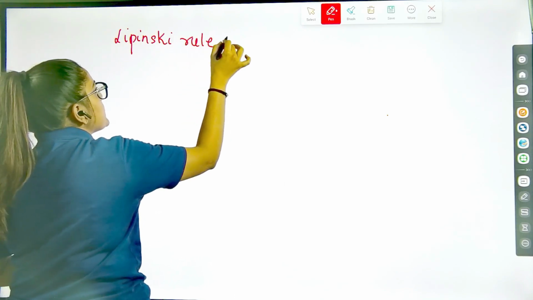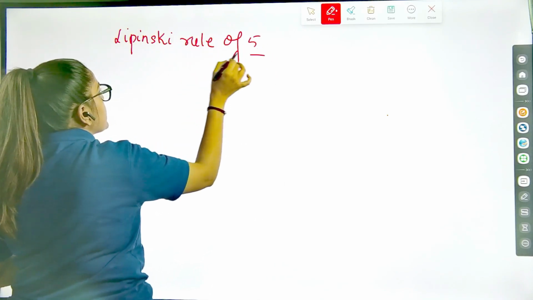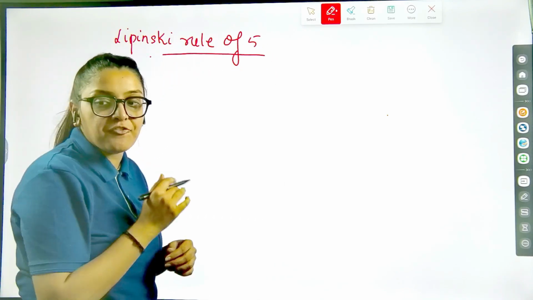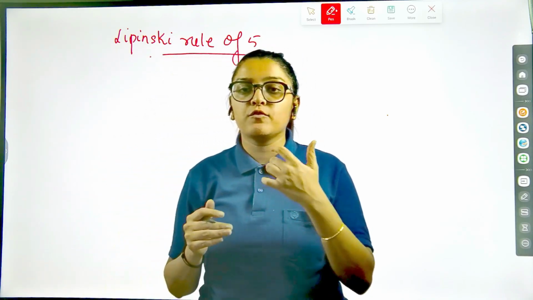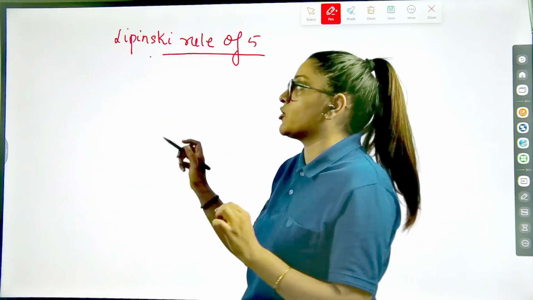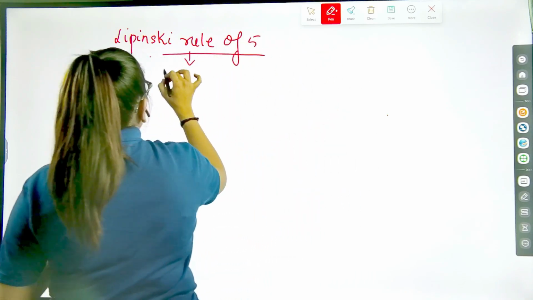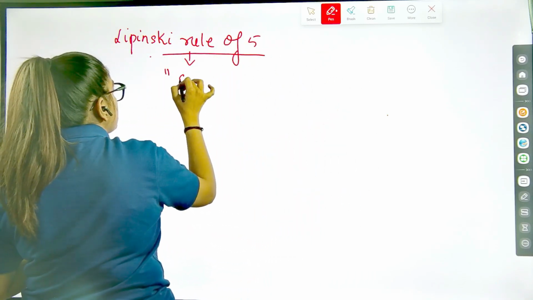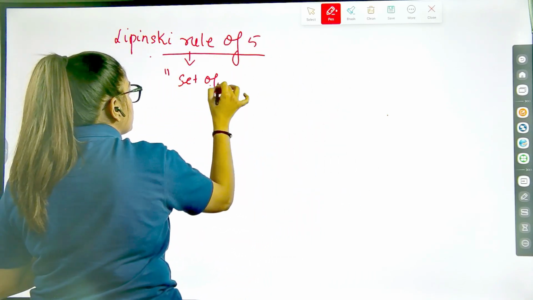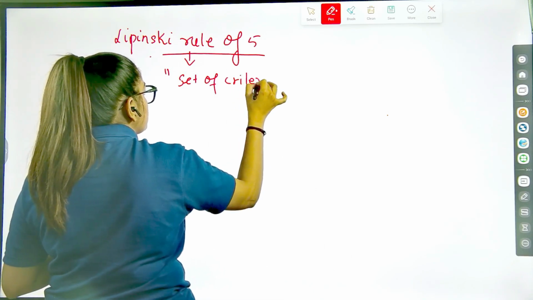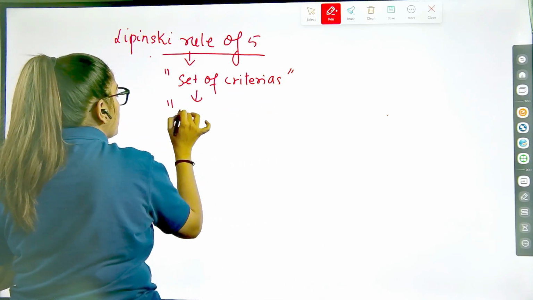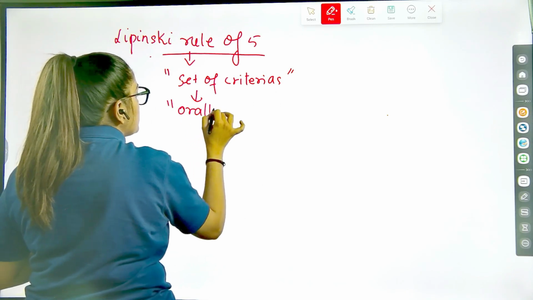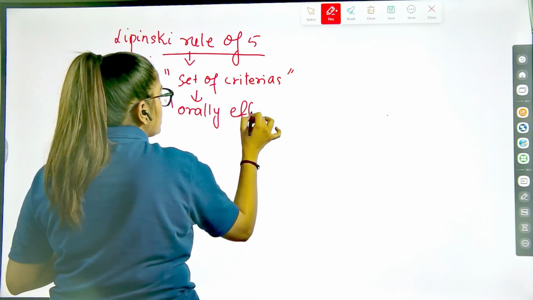Lipinski rule of 5 has certain assumptions that confirm whether any drug compound or molecule will be orally effective or not. So this actually offers us a set of criteria which confirm whether the drug compound is orally effective or not.